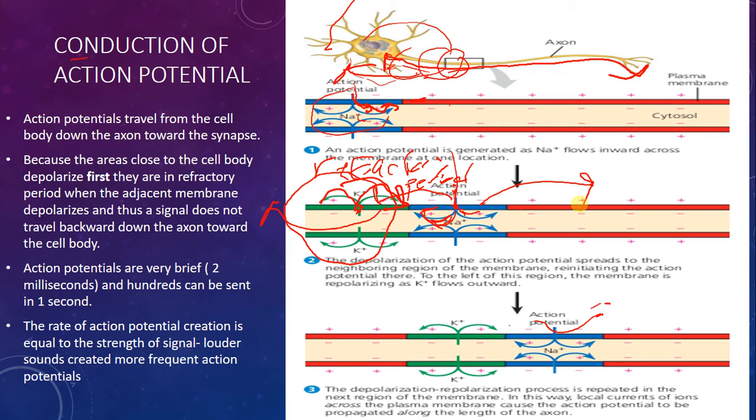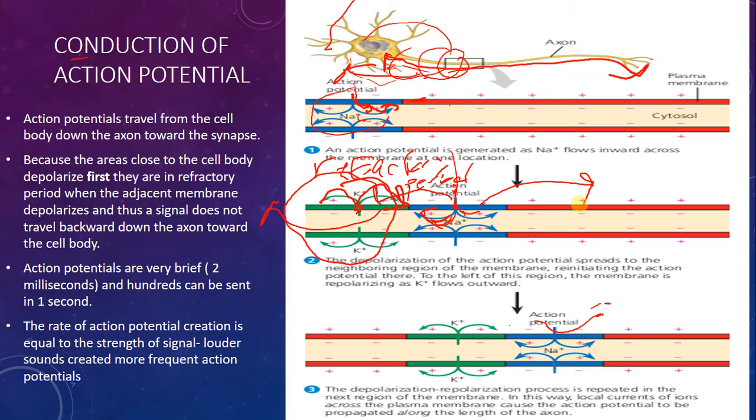But action potentials are actually very brief, about 2 milliseconds, and hundreds of them can be sent out in just 1 second. The rate of action potential creation is really the only way that your neurons can differentiate types of signals. For example, in your ear, the strength of signal is directly related to the frequency at which an action potential is created.